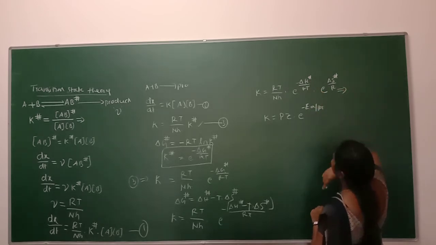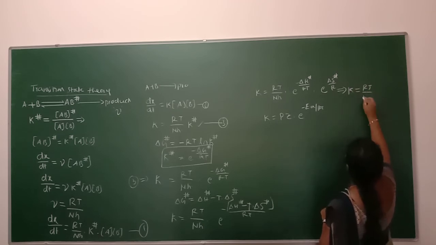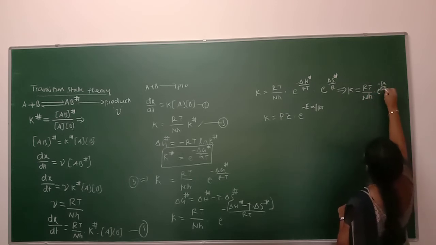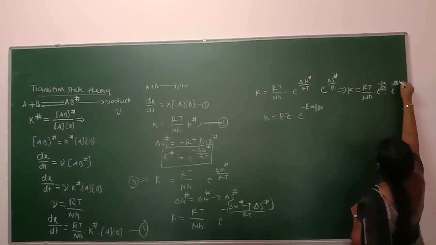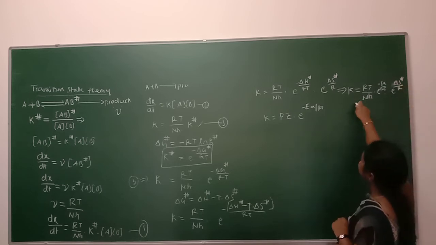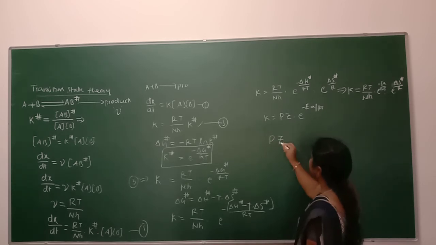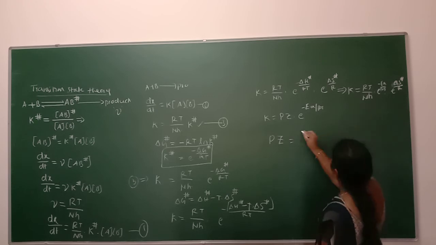So this equation can be written as K is equal to RT by NH into e power minus Ea divided by RT into e power plus delta S hash divided by R. So we will compare this equation and this equation.